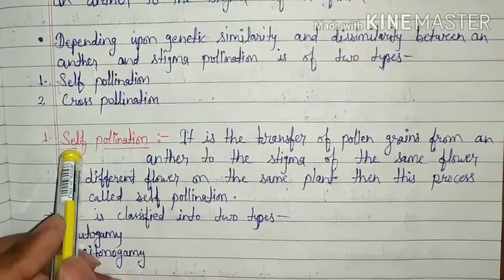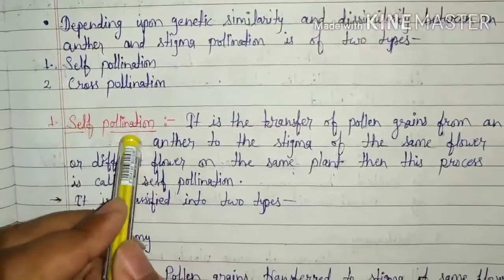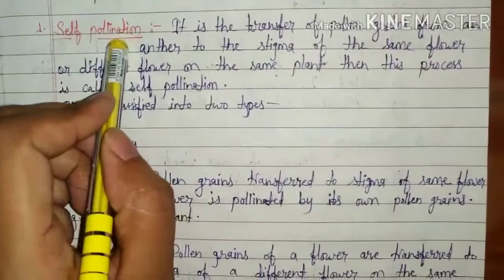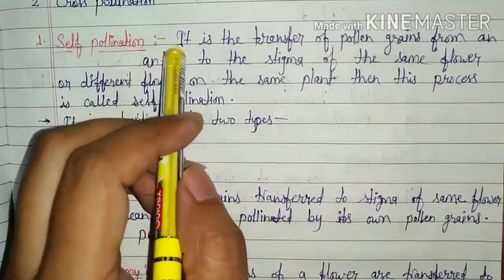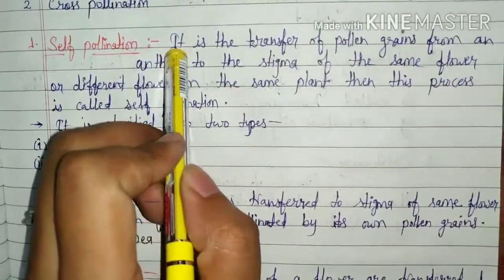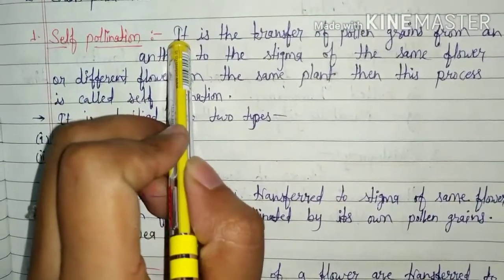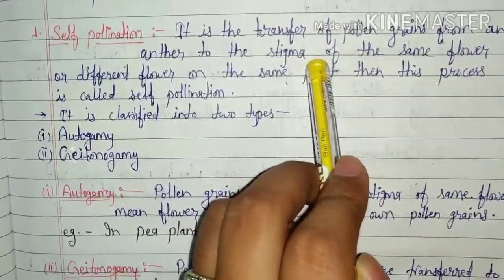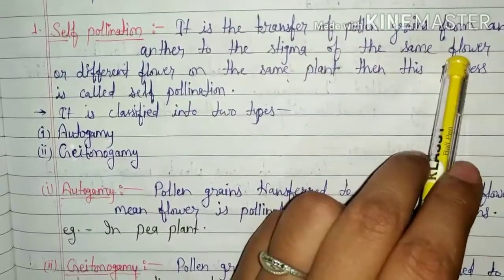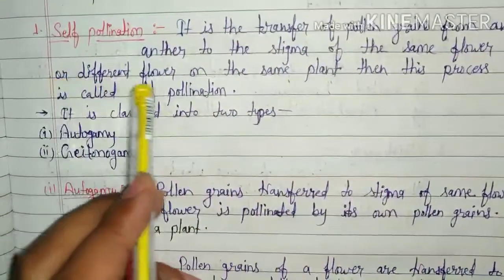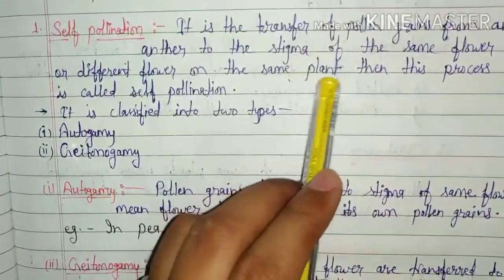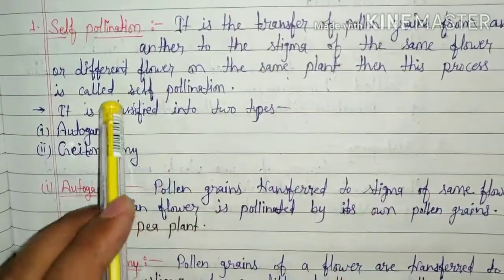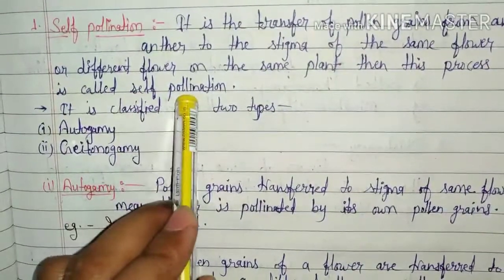Now, we will talk about self-pollination. If the pollen grains are transferred from an anther to the stigma of the same flower or a different flower on the same plant, then this process is called self-pollination.